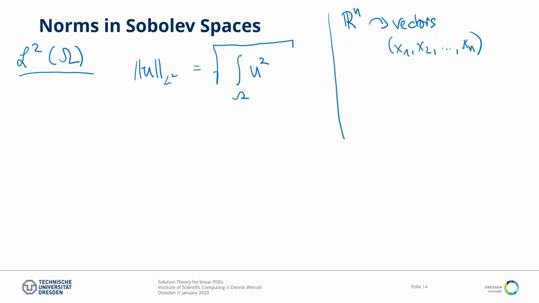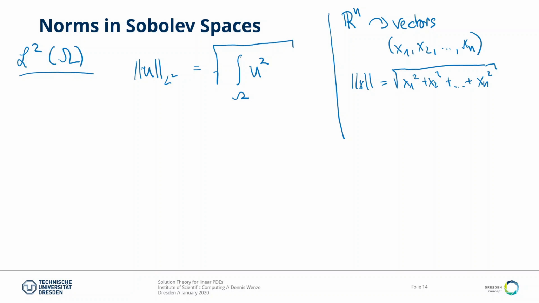The standard norm there, the Euclidean norm, is the square root of x1 squared plus x2 squared plus and so on up to xn squared.